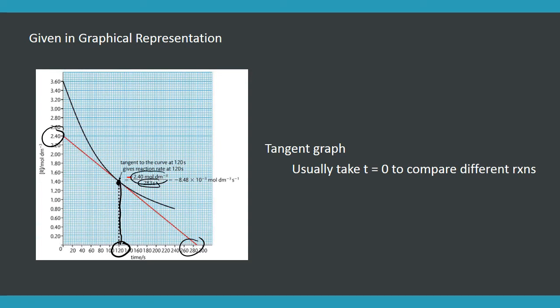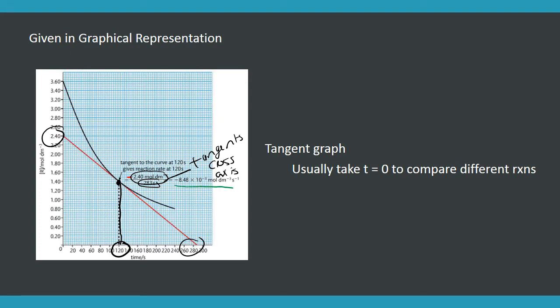And these numbers are from where the tangent crosses your axes. That's where those numbers are going to come from, and that is going to give you your value.